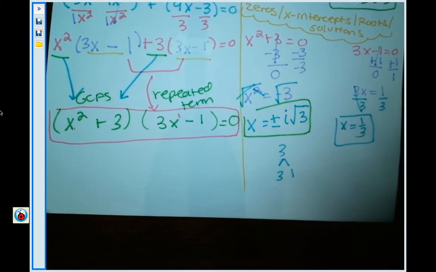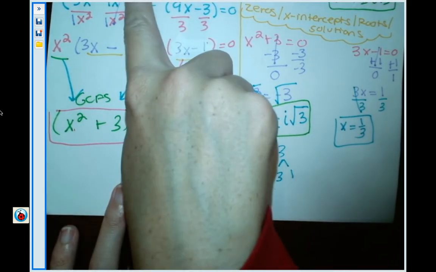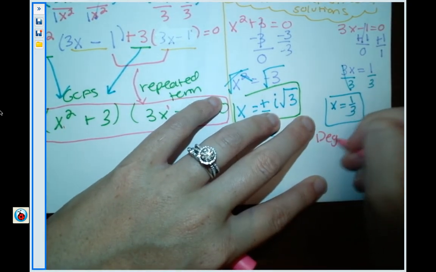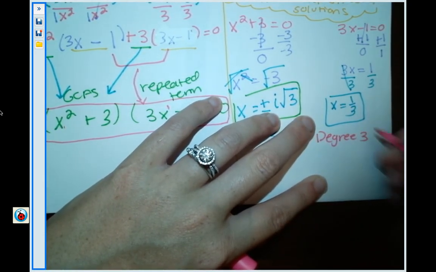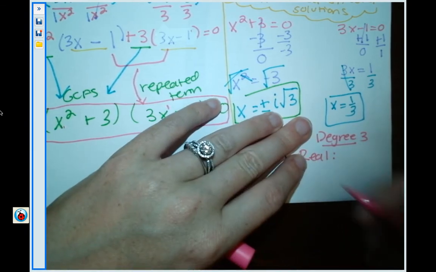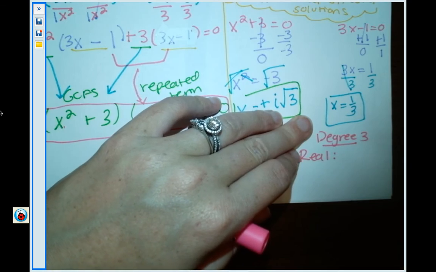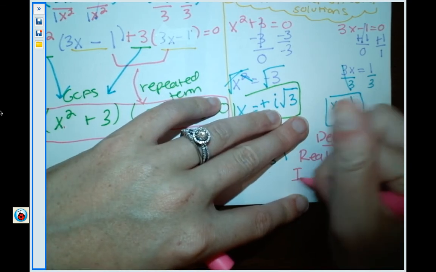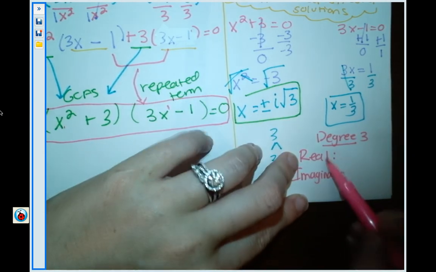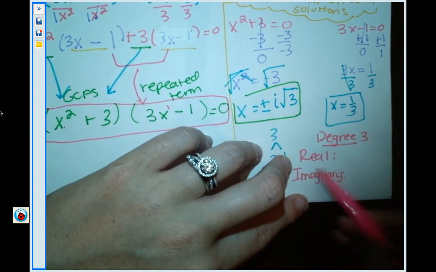Yay! So let's see what we have. Okay, first of all, this is degree 3. So I should end up with 3 zeros if this is correct. So it's degree 3. Okay, and let's see how many real zeros I have and how many imaginary zeros, or imaginary roots. Remember, real are the zeros without the i.